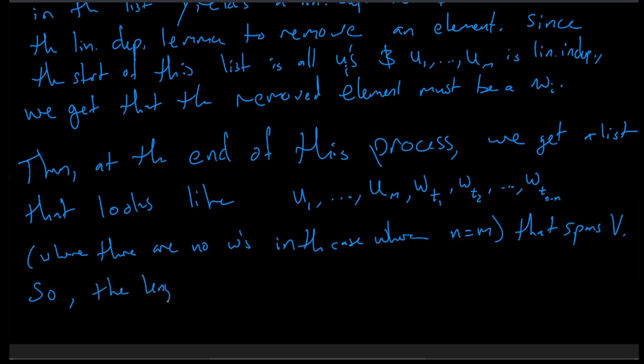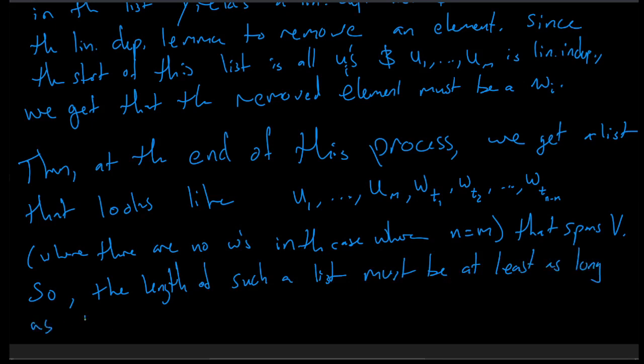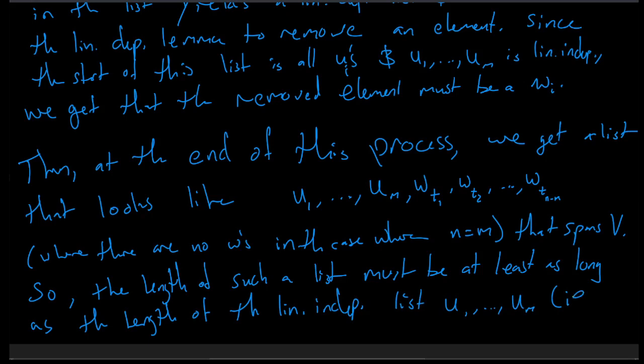So the length of such a list must be at least as long as the length of the linearly independent list u1 through um, i.e. it has to be at least length m.